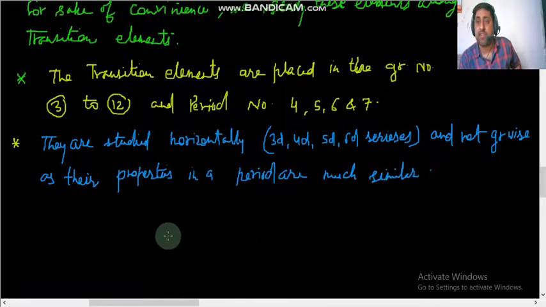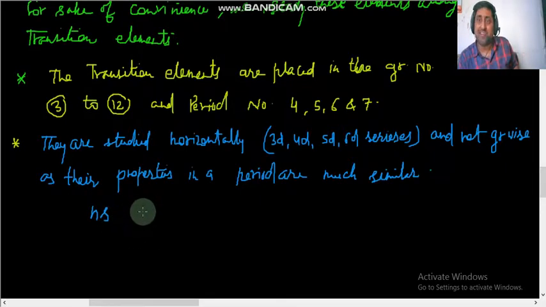Why are their properties in the period similar? Because their ns subshell electrons are fixed. In all the cases they contain 2 electrons, except the exceptional transfer from s to d.